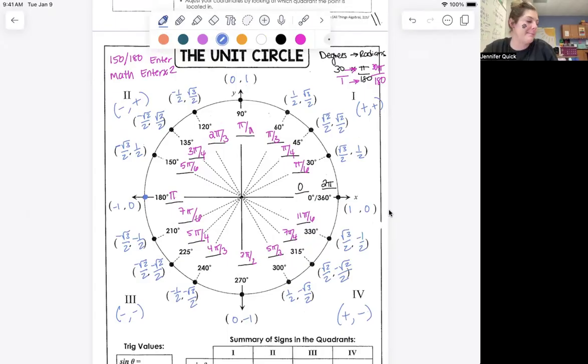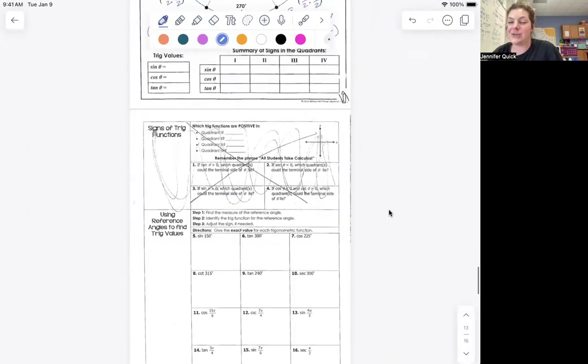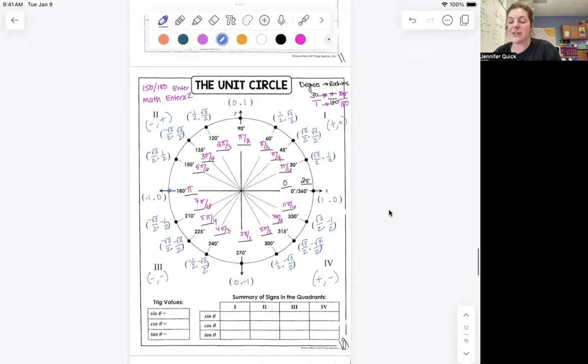Okay, so how do we even use it? How do we even use this unit circle? I surely hope that you are able to look at this unit circle and have it there. I will try to have pre-filled in unit circles for you so that it's easy peasy lemon squeezy.